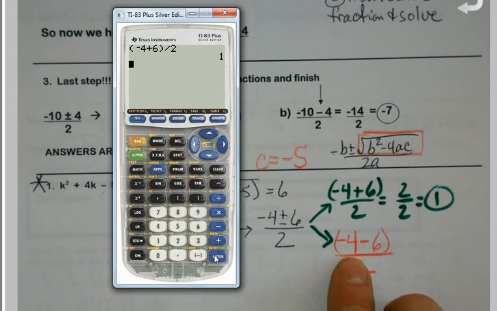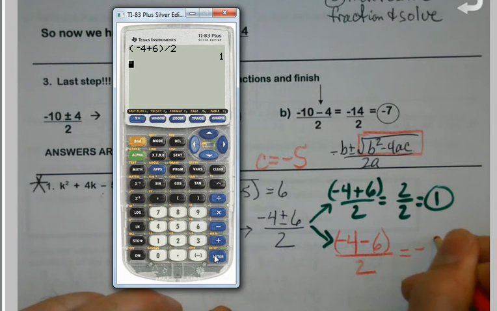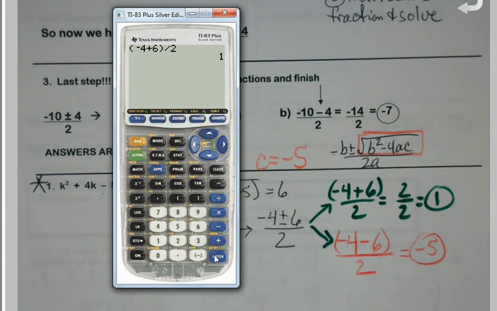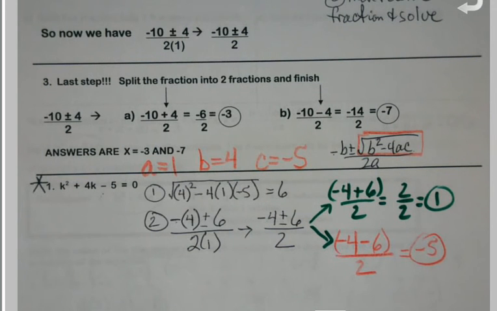And then down here, negative 4 minus 6 would be negative 10. Divided by 2 would be negative 5. And those are my 2 answers. I get my 2 solutions that way. And the cool thing about the quadratic formula is it works for everything. So it's not like, well, it has to be this situation or that situation. It's your do-it-all tool.